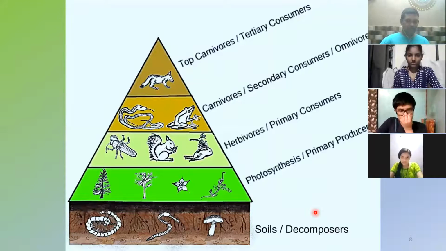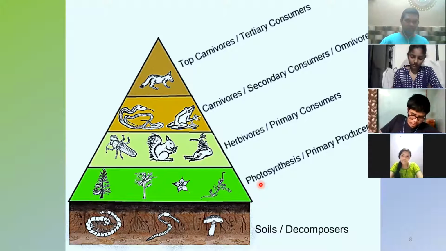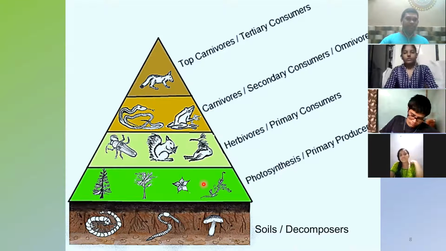Okay, soil or the decomposers, in which the primary producers will grow, all types of plants, considering a terrestrial ecosystem. Okay, then आएंगे herbivores या primary consumers, all such animals that feed upon the plants. उसके बाद होगा secondary consumers, in which the animals will feed upon the herbivores.